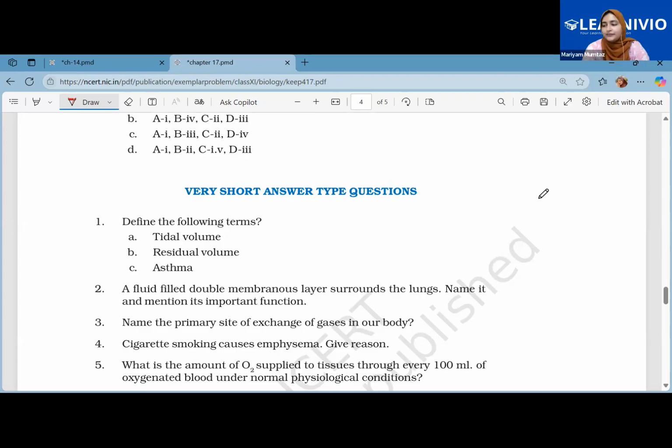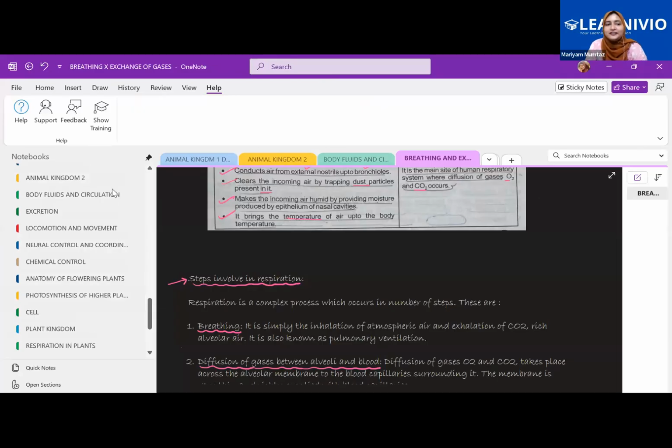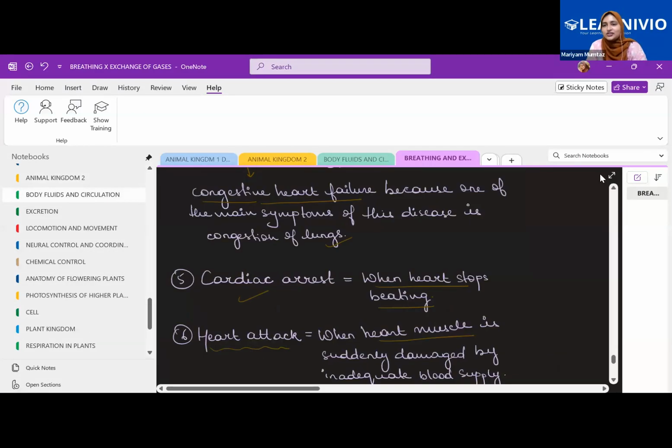Now you people tell me, shall I start the next chapter in the next class? Which is the next chapter after this? Body fluids and circulation. One of my most favorite chapters in the world. You people will enjoy it so much that I can't even express how much.